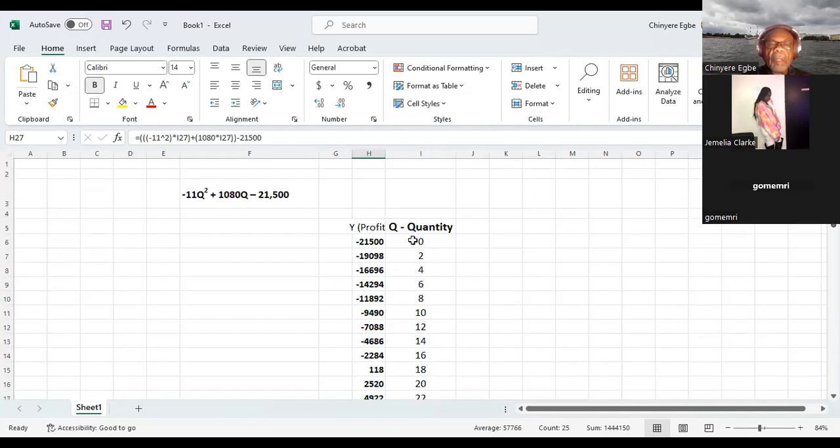So this is one of those quadratic functions where you get to a certain bottom and then you begin to rise again. But this is how to do it in Excel. And then you can plot a graph with it, and the graph will show you at what point you start gaining money and at what point you start losing money again.